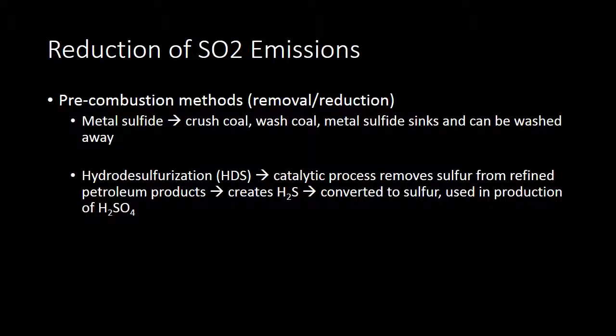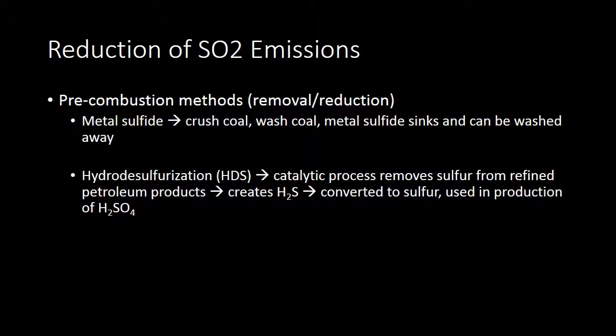And then we can pull the coal on top that's floating away and then take the metal sulfide and recycle it as needed. There's also hydrodesulfurization, also known as HDS. This is a catalytic process that removes sulfur from refined petroleum products. And so this one's not coal, this one's going to be crude oil.